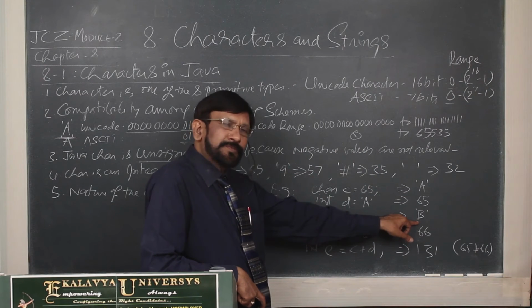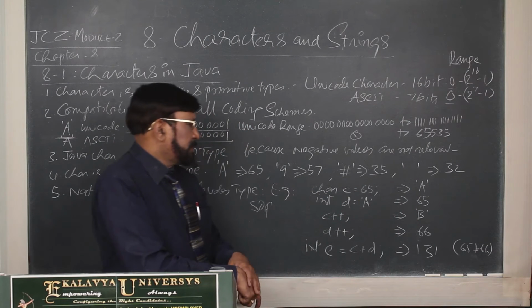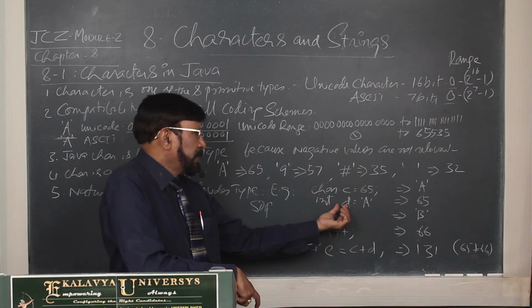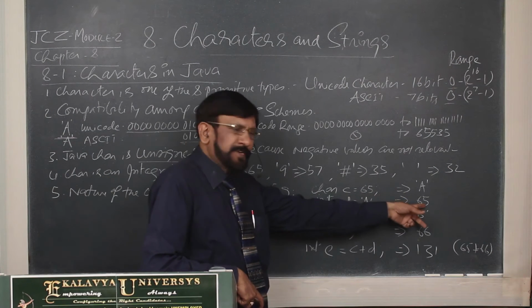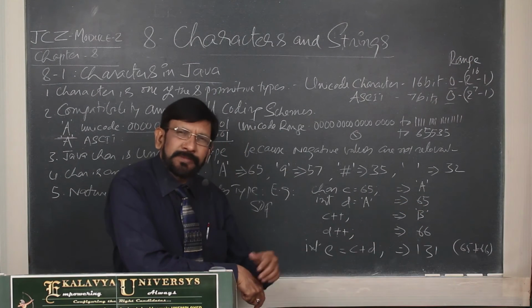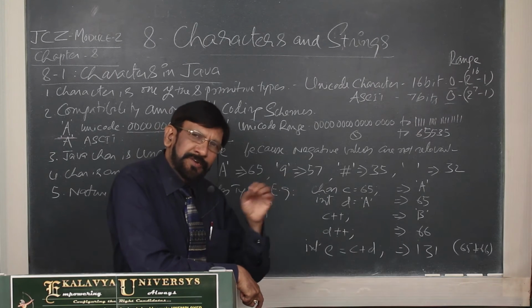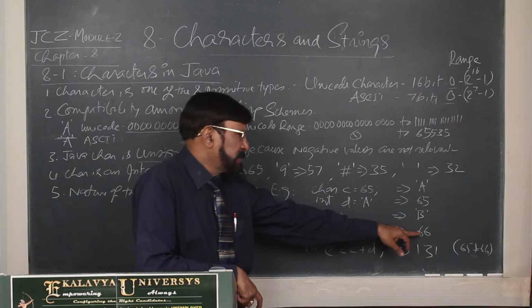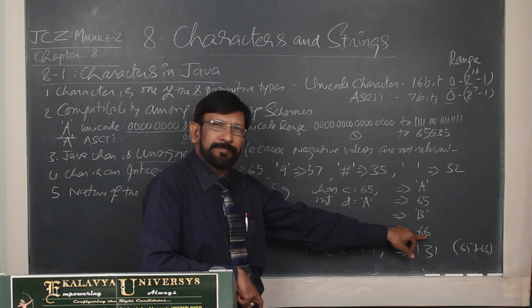B is printed. Next d++. What is d's value? 65. Now d++, what would be your intention? You want to add 1 to 65. As a result of that, 66 is printed.